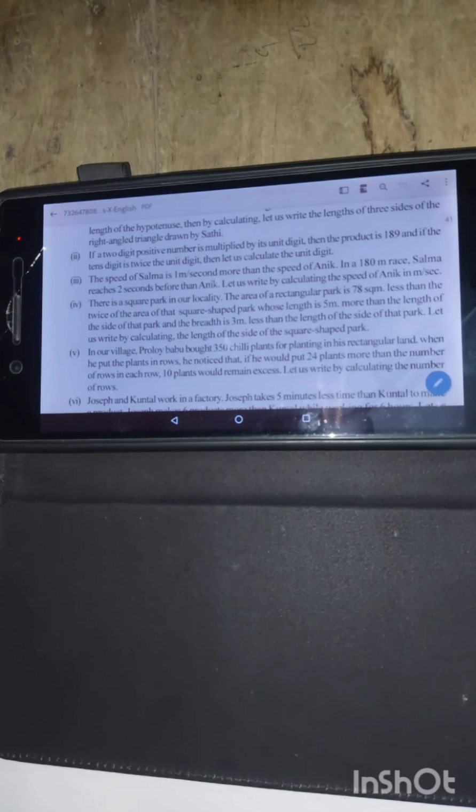Now friends, let us proceed to question number Roman 3. The speed of Salma is 1 meter per second more than the speed of Onik. In a 180 meter race, Salma reaches 2 seconds before Onik.